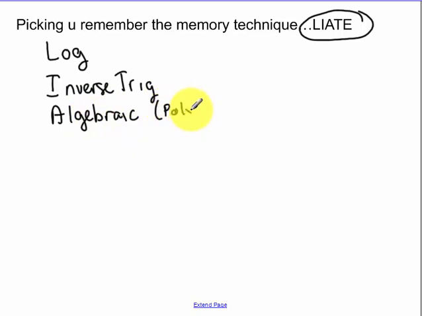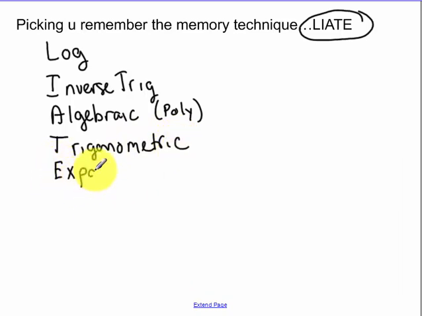Basically, any polynomial. That's what they mean by that. I think our book puts a P in there. T, trigonometric. And then E for exponential.